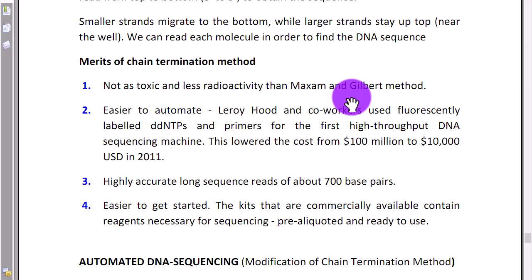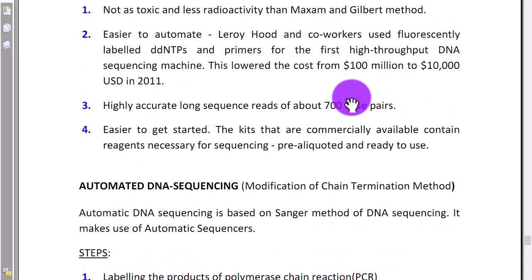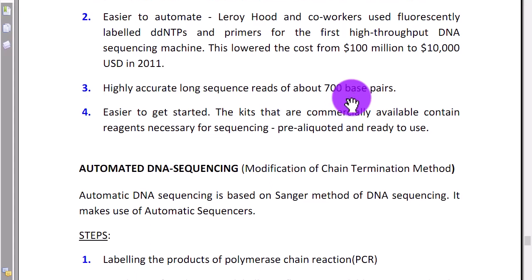The chain termination method is not as toxic and uses less radioactivity than the Maxam and Gilbert method, and is easier to automate. Leroy Hood and coworkers used fluorescently labeled ddNTPs and primer for the first high-throughput DNA sequencing machine.